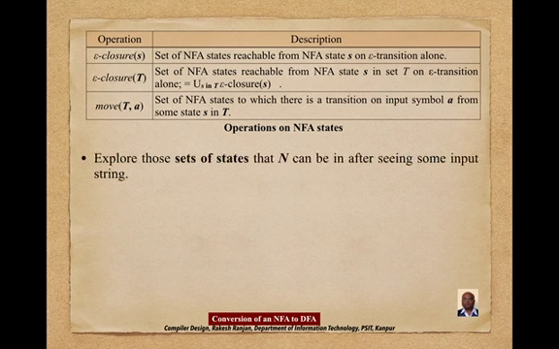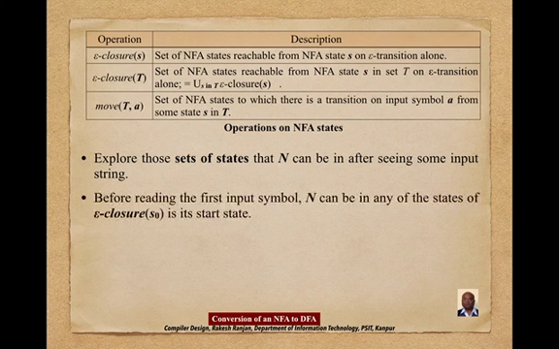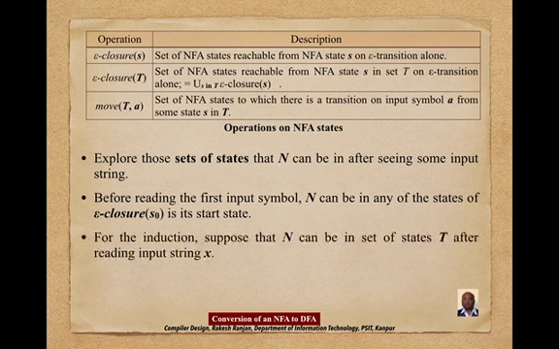Let us explore the set of states that N can be in after seeing some input string. Before reading the first input symbol, NFA N can be in any of the states of epsilon closure of s0, its start state. For the induction, suppose NFA N can be in set of states T after reading the input string x.